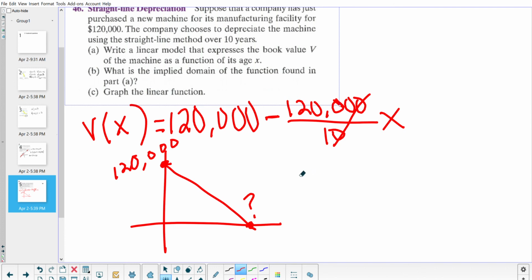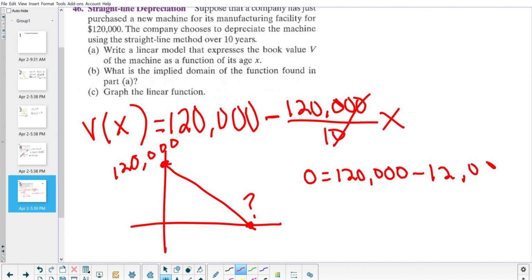Well, we set y equal to 0. Then $12,000. So if you add that over and divide by 12,000, you get that x is equal to 10.